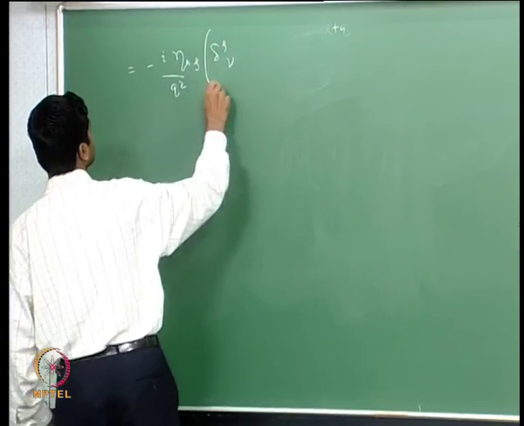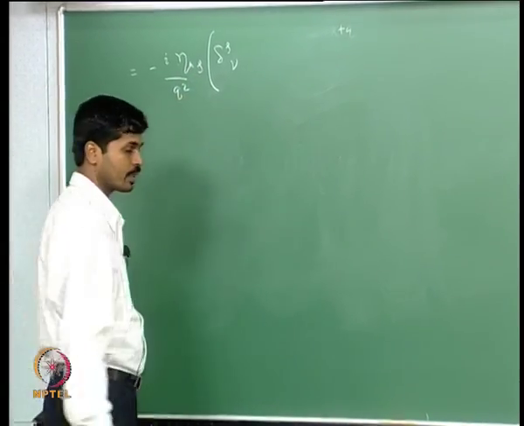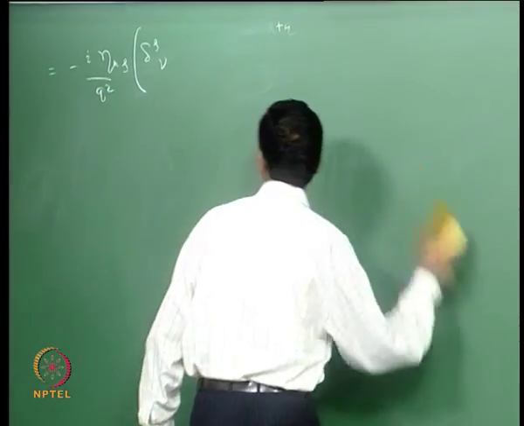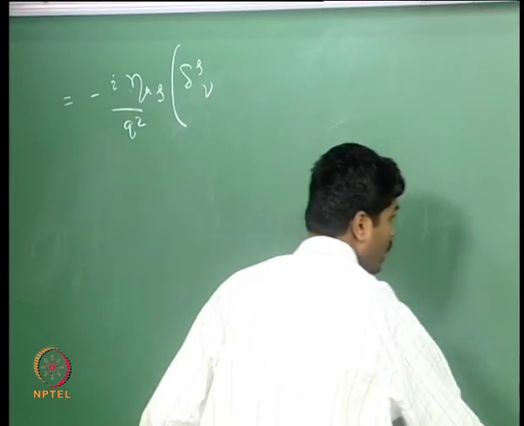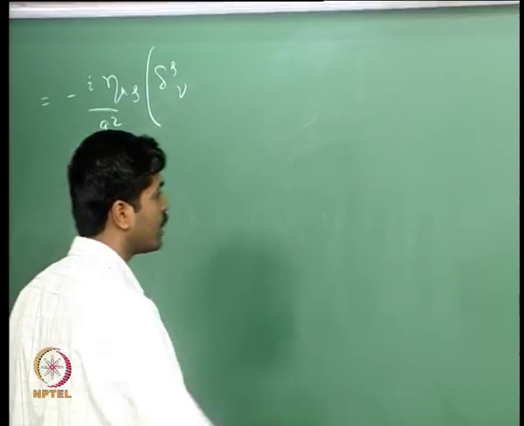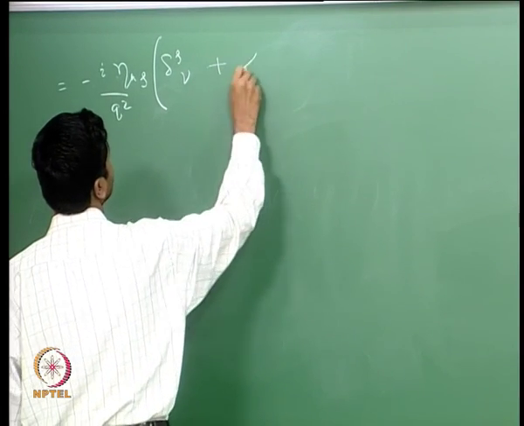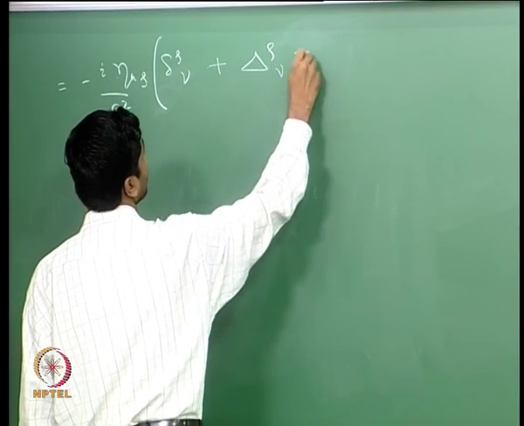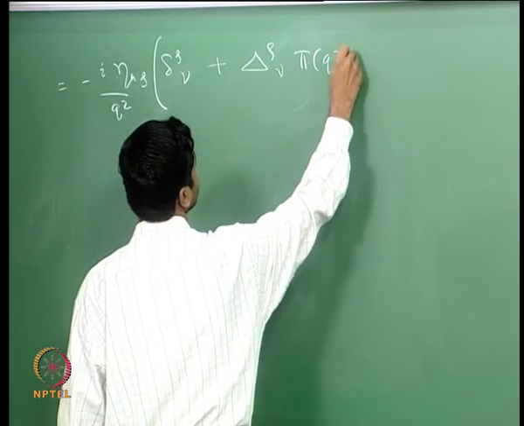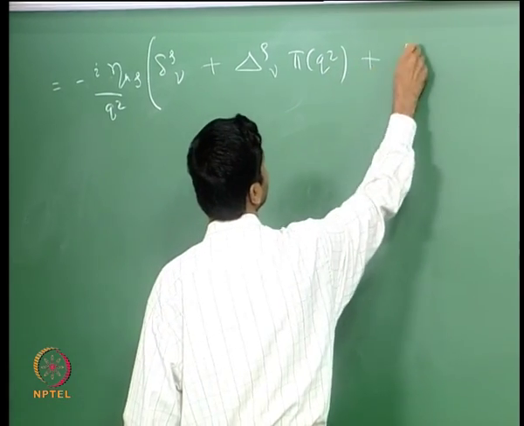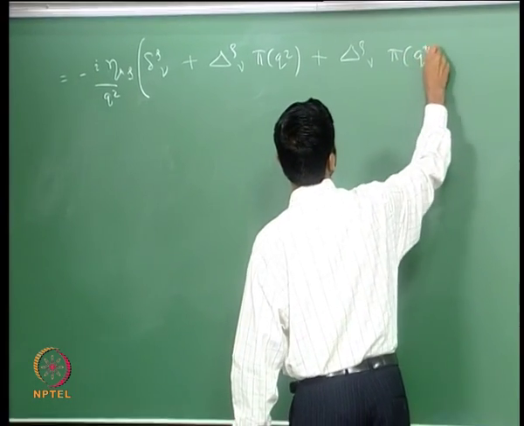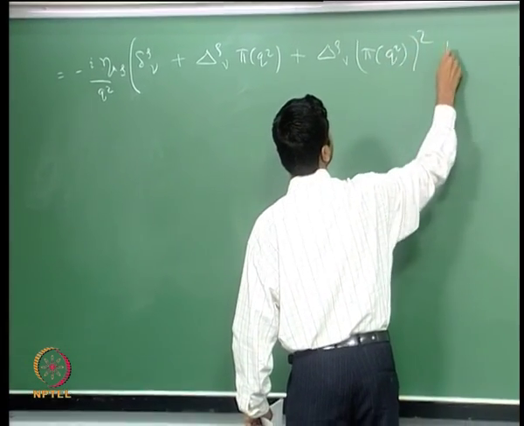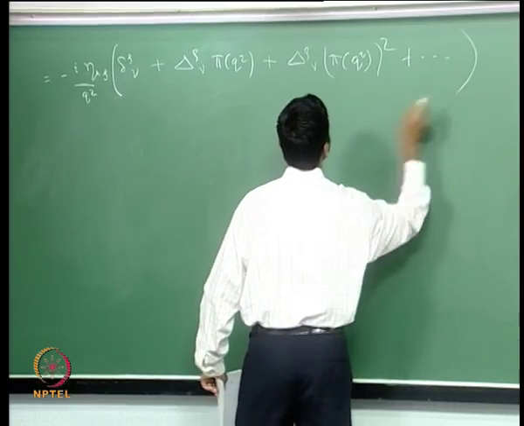So, I can write it as I eta mu rho divided by q square times this Kronecker delta rho nu, and then the second term will give me delta rho nu pi q square, the third term delta rho nu pi q square whole square, and so on. This is what I am going to get.